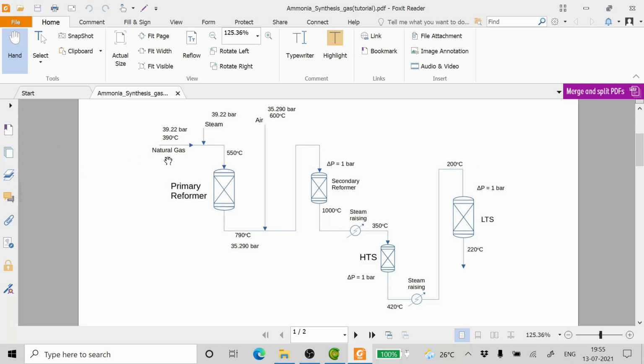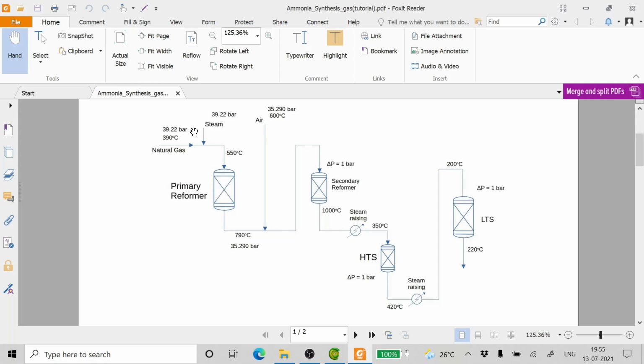Now, as you can see here, our starting source is natural gas. Any carbonaceous source, any compound which has carbon, can be used to produce synthesis gas. If we do not wish to use natural gas, we can use coal also to produce synthesis gas, and there are a few ammonia plants in this world which use coal as the starting material.